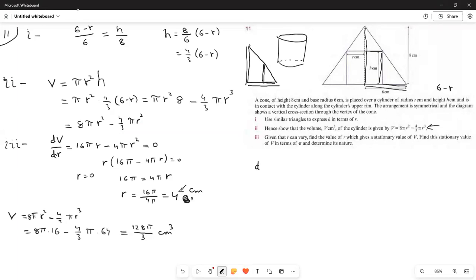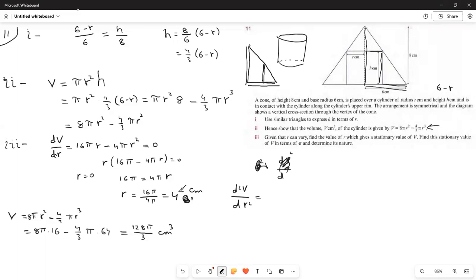So we need to differentiate a second time: d squared V by dr squared.